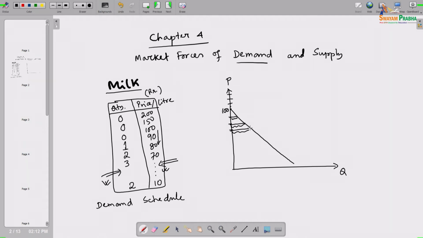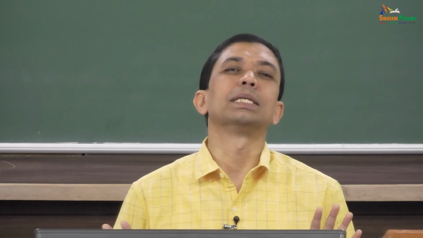So, what is the law of demand? The law of demand basically aims to capture the behavior of individuals or potential customers in the market for a product, vis-a-vis the price of that product existing in the market. Through the law of demand we try to capture that relationship, that behavior of a customer.